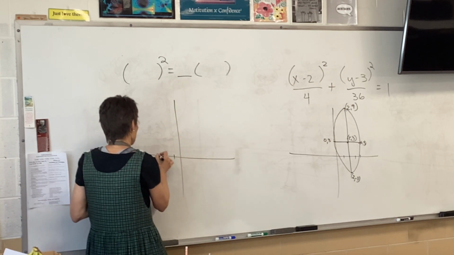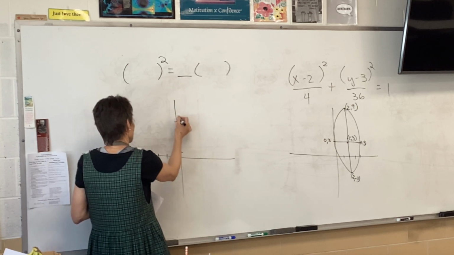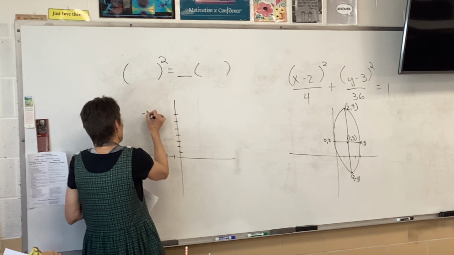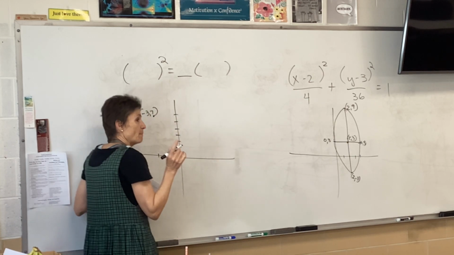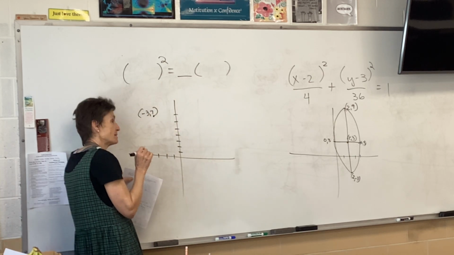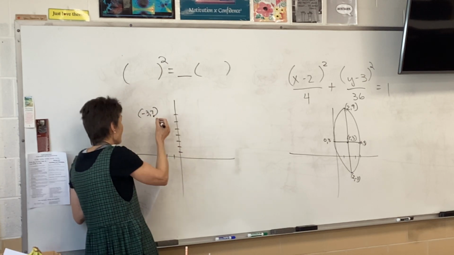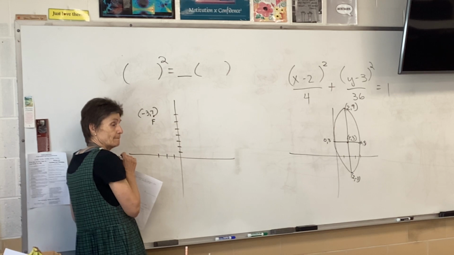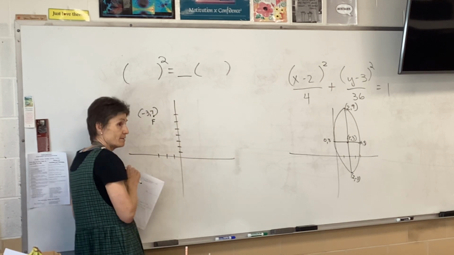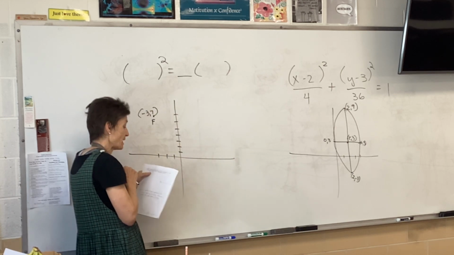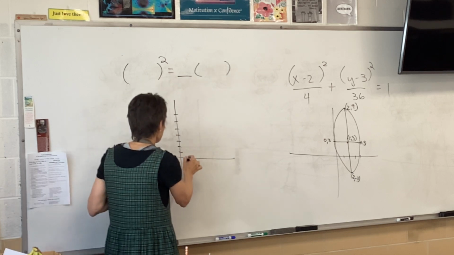Focus is at -3, 7. Be careful. I remember one pitfall sometimes is kids want to put these numbers in the equation. This is not the vertex, this is the focus. So these numbers are not going into the equation. We have to find our vertex. The directrix is x = 5.